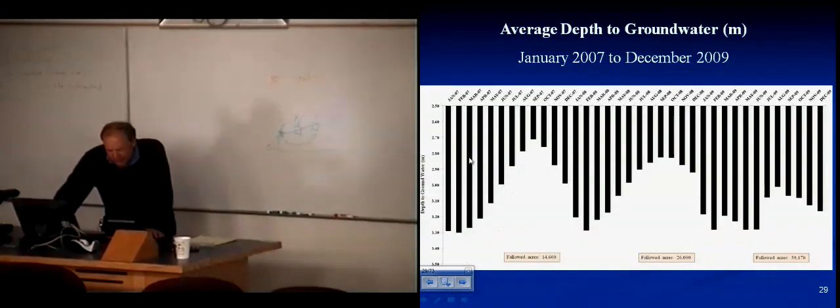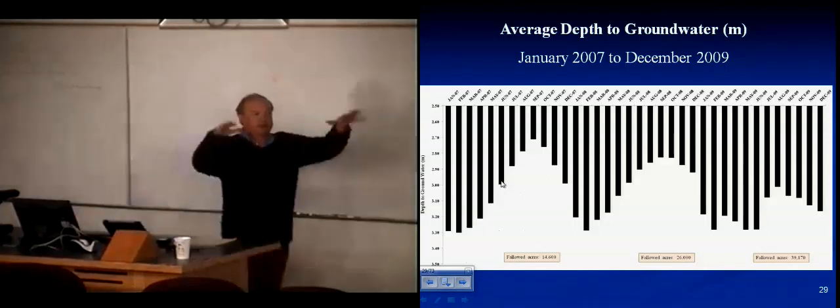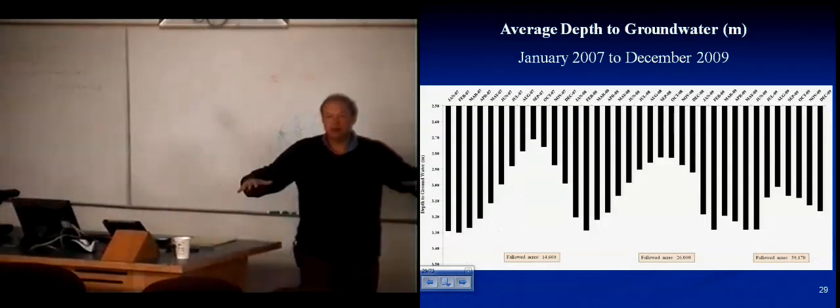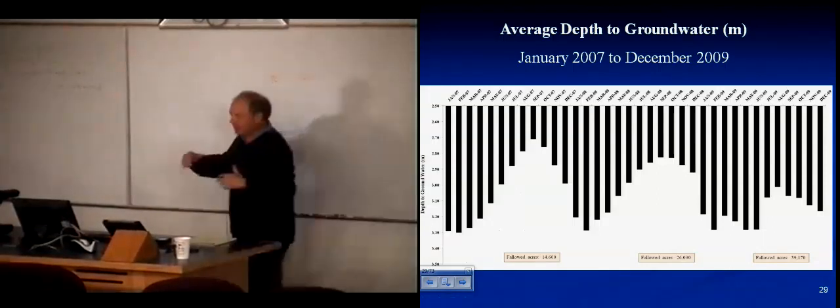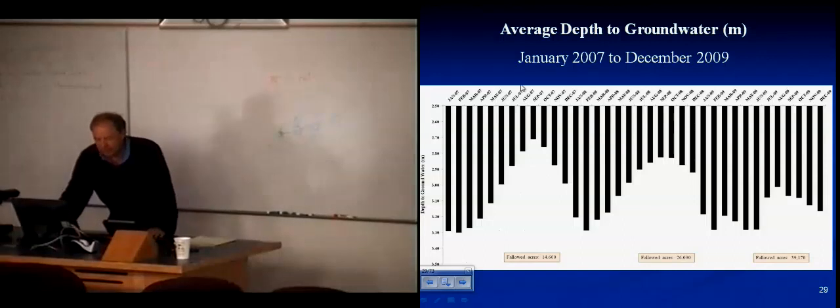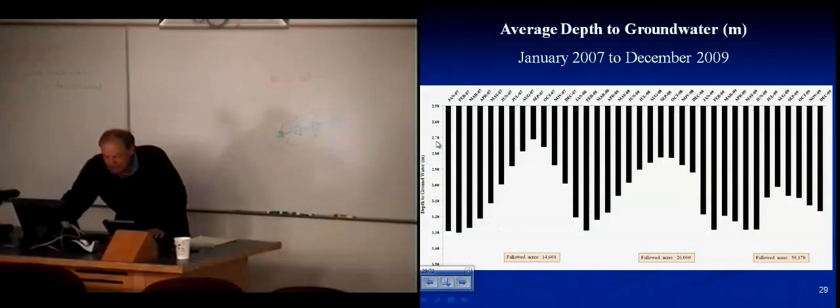But on these three graphs, we really haven't taken into account the storage term. Meaning that deep water that's percolating beyond the root zone of the crops, going down into the groundwater, is being stored there. Groundwater is going up, the level's going up, and it's going down throughout the year.